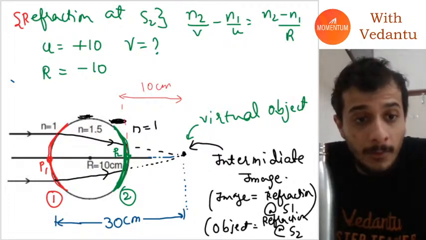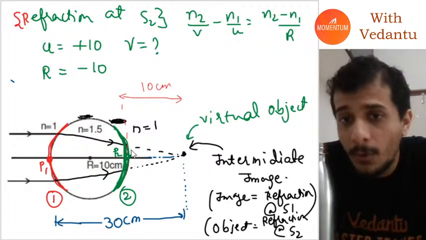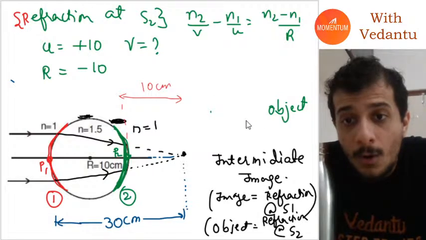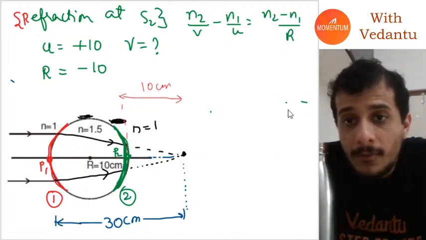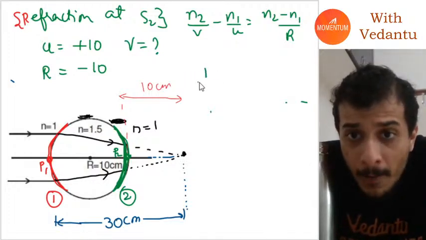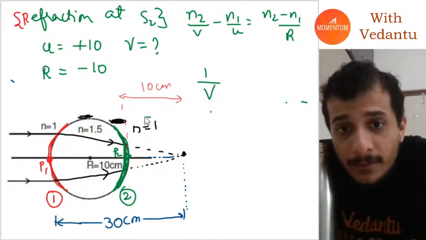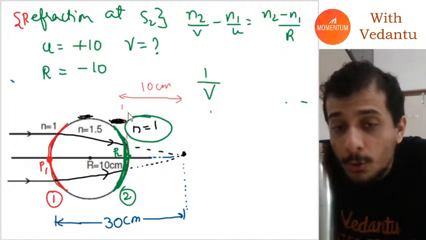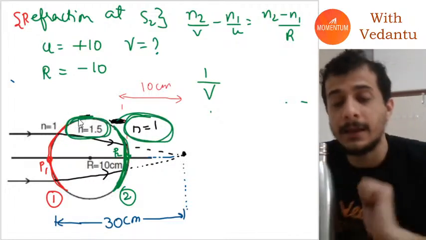Let's try to use this formula. If I substitute all the values in that, what will I get? I will get 1 by V. Why am I writing 1 by V? Because when refraction is happening at the surface, this will be N2 and this will be N1.